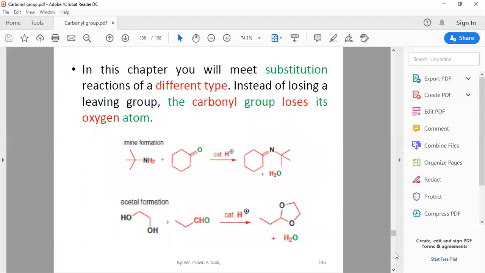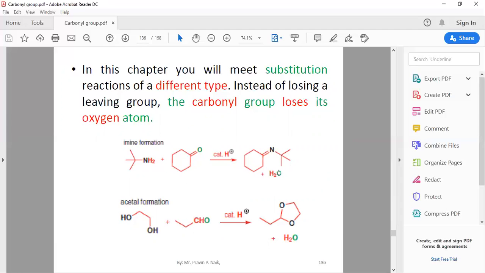Let's see the first reaction, which is the formation of imine. You can see here you have the amine, then you have the carbonyl group. In presence of acidic condition, it forms imine, and the oxygen is removed from the carbonyl group in the form of a water molecule.